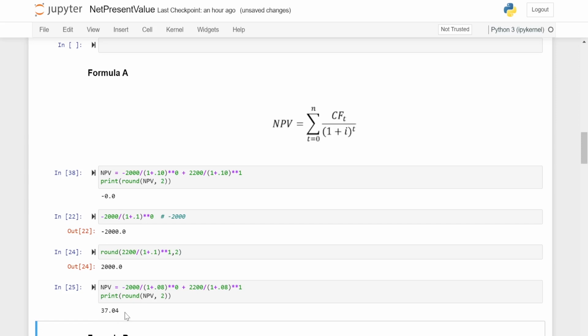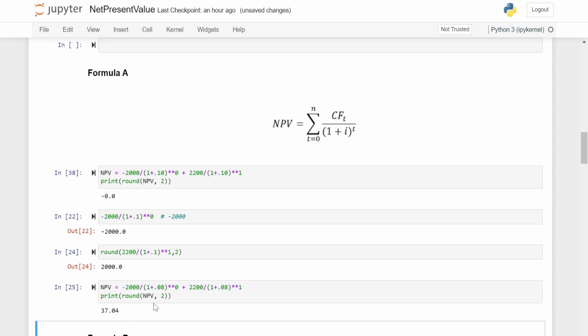Here net present value is 37 rupees 4 paise, which means if the interest rate is 8%, we will take up this project. In other words, if we take this 2000 rupees and deposit it in a bank where we are getting 8% interest, 2000 becomes 2160 rupees after 1 year.